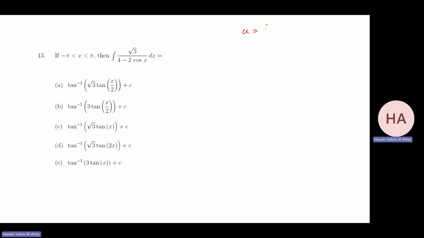Yeah, it seems I need to put u equal tan x over 2. Don't forget, du is 2 dx. No, dx equals du over 1 plus u squared. I need the cosine, which is 1 minus u squared over 1 plus u squared. Okay, let me do the substitution. That will be square root of 3, dx, don't forget the dx.